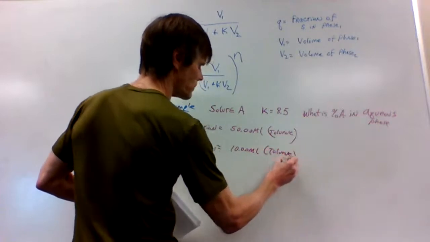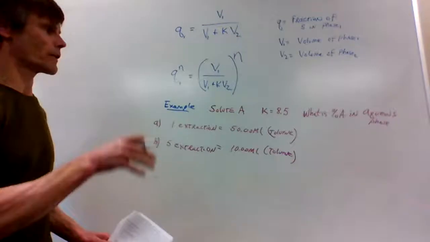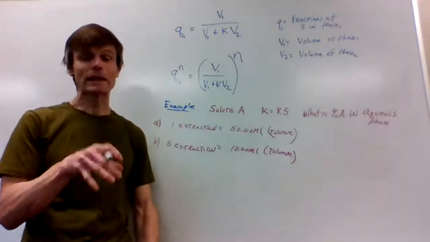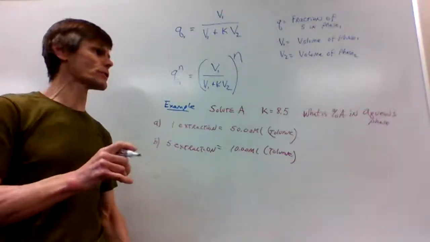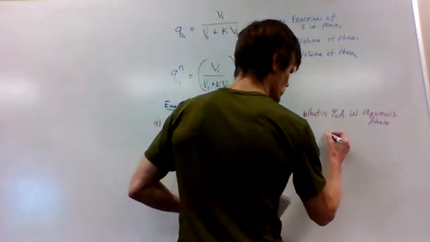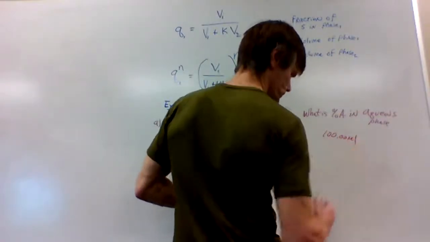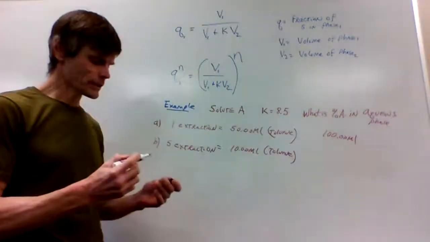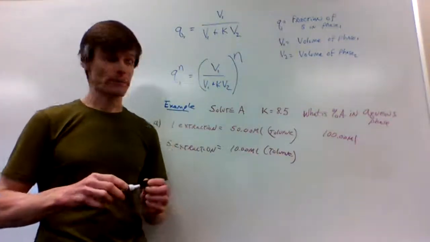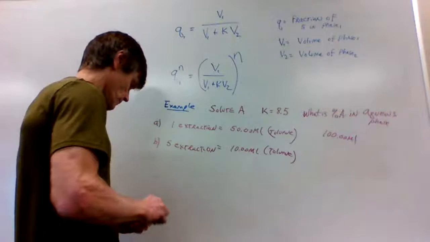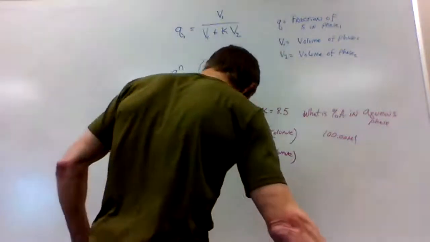And in this problem, we're going to say that our solute A is originally in 100 milliliters of water. So let's just draw a little diagram so we know what we're doing. A little picture helps. Pictures are really worth a lot.